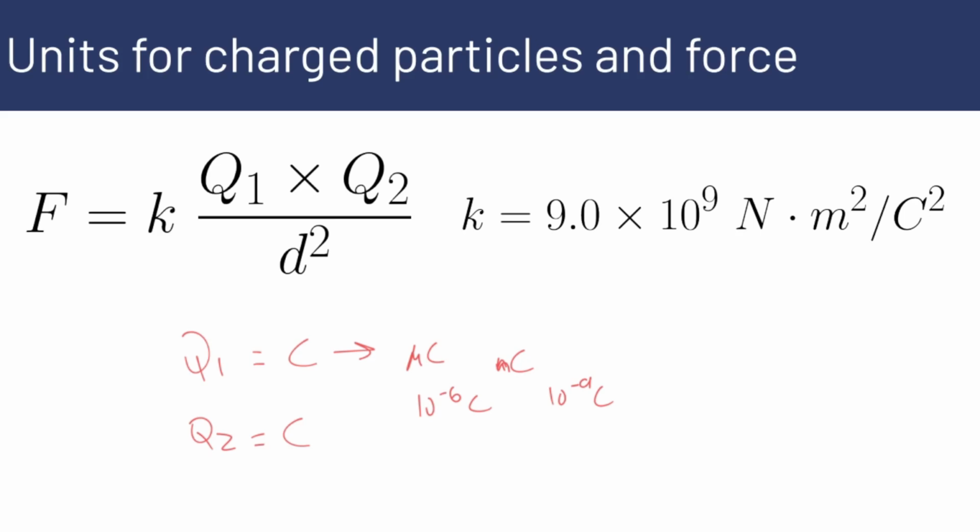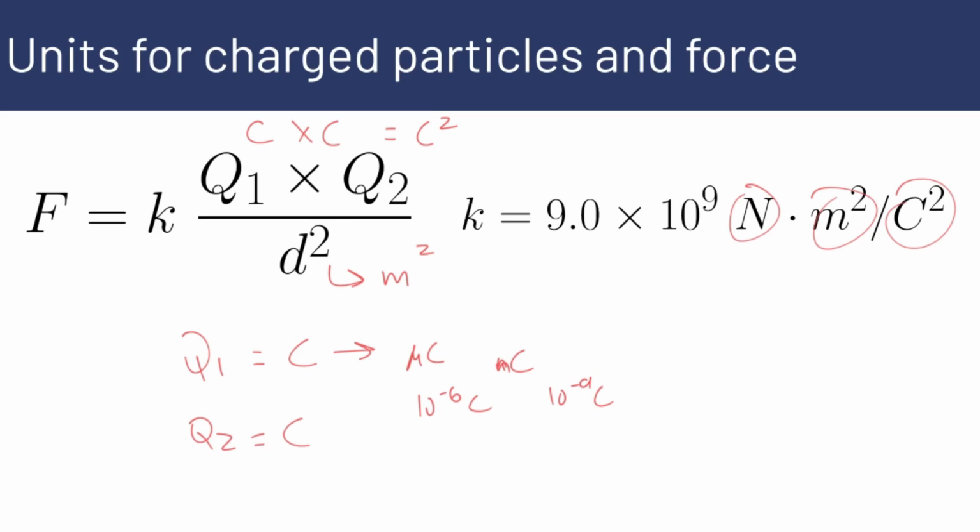K has the units newtons times meters squared per coulomb squared. So you can see here, if the charges Q have units coulombs, we have coulombs times coulombs, that's coulomb squared, and then we have D squared, and D is going to be measured in meters, so that's meters squared.